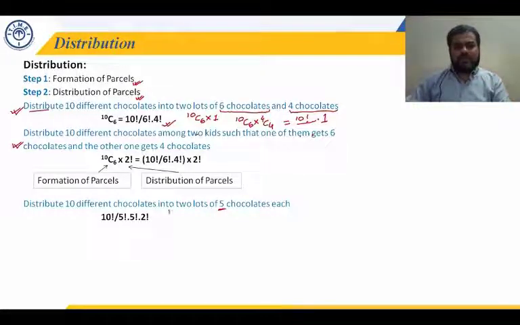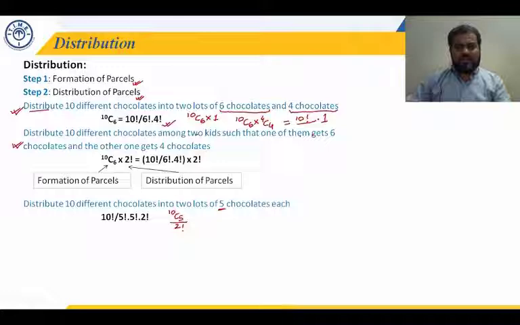So it came out like this: 10C5, you select 5 chocolates out of 10, the remaining 5 is automatically the second lot, and you have to divide this by 2 factorial. Why divide by 2 factorial? Because these 2 lots of 5 chocolates each will be identical.